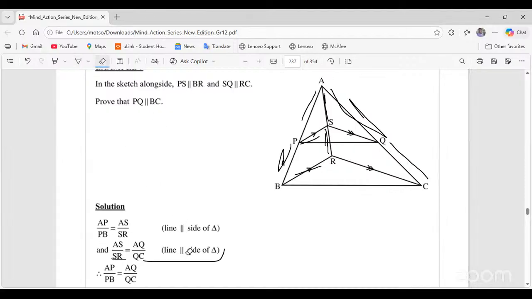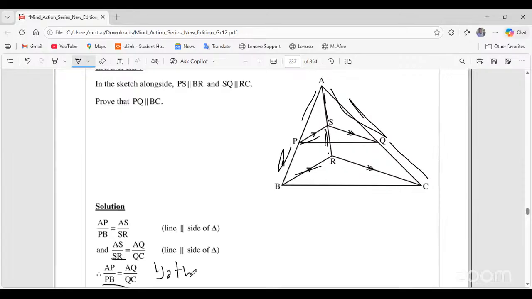Fine. Now let's come to the conclusion. The ratio AP over PB will be equal to the ratio AQ over QC. Why?